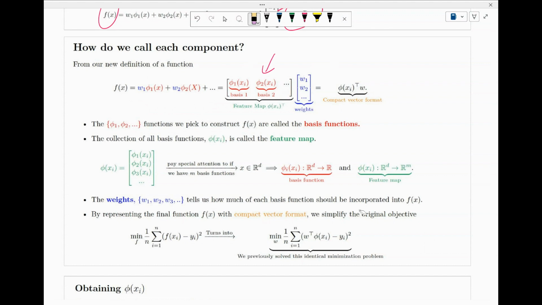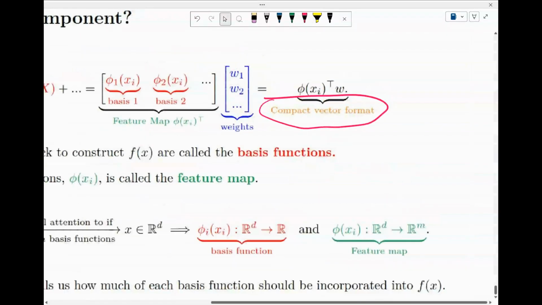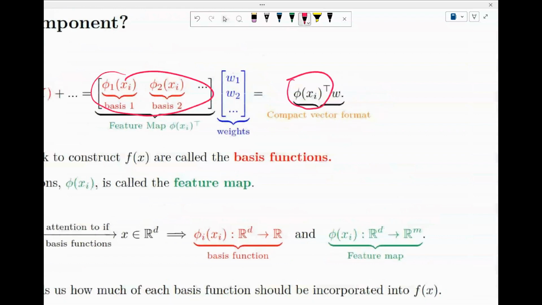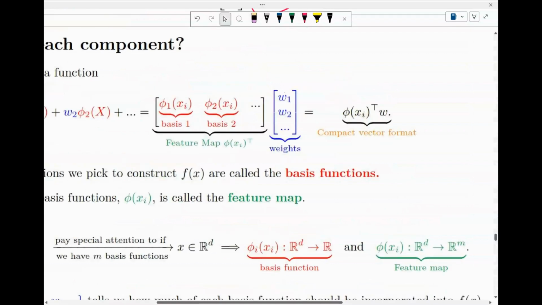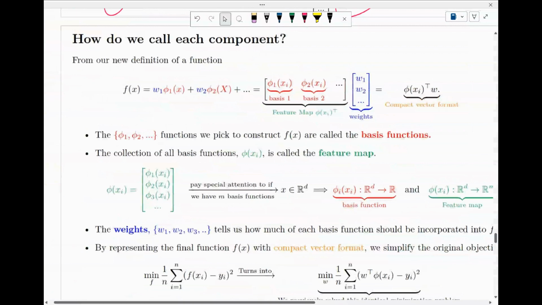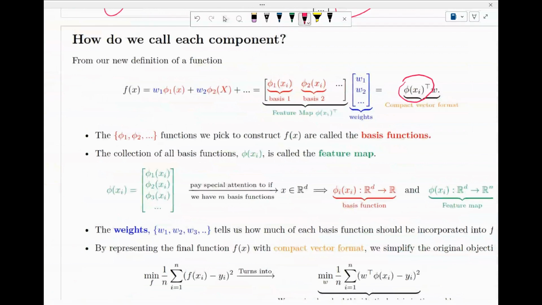And we can rewrite them into a compact vector format. I'm just going to call this vector phi of x, instead of phi 1, phi 2, phi 3, and so on. Phi of x is just going to represent all the phi's, and w is just going to represent all the w's. Now, this phi of x, which represents every single basis function, is called a feature map.